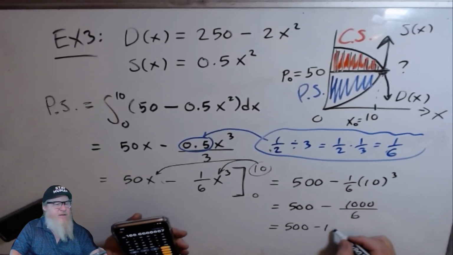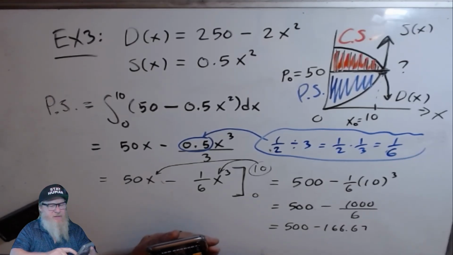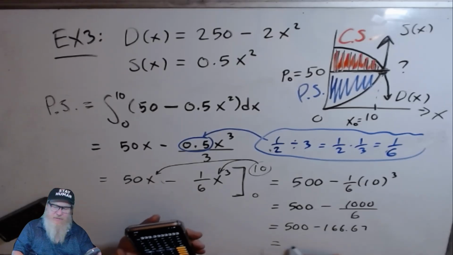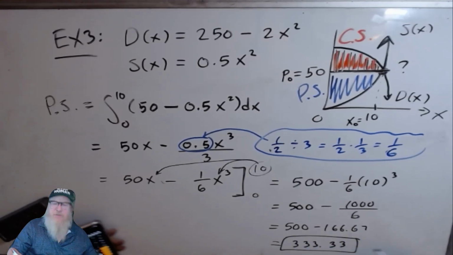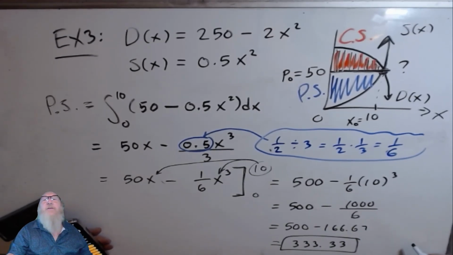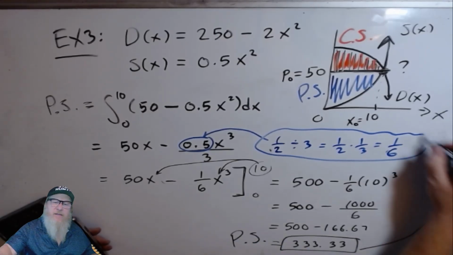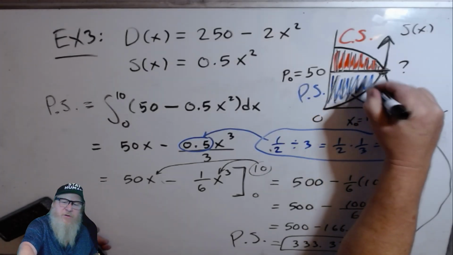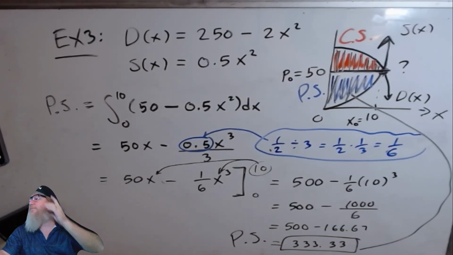I knew that. $166.67. And then $500 minus that. And it's not too surprising. You get $333.33. So that's your PS. That's this producer's surplus under the equilibrium value.